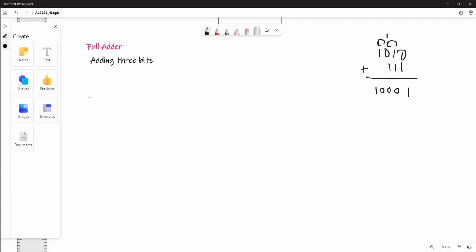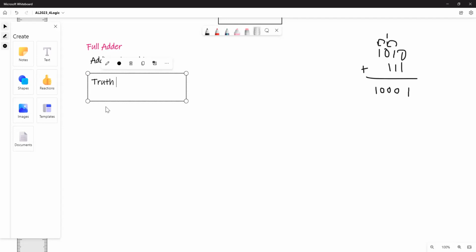So whatever comes in, I'm going to say carry in. Then I'm going to say carry out. So for that, let's draw a truth table for the full adder.